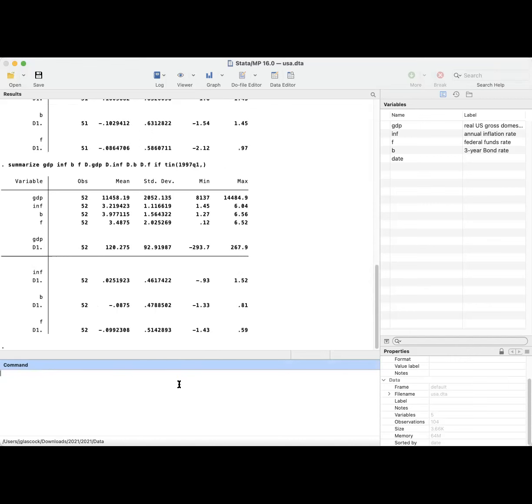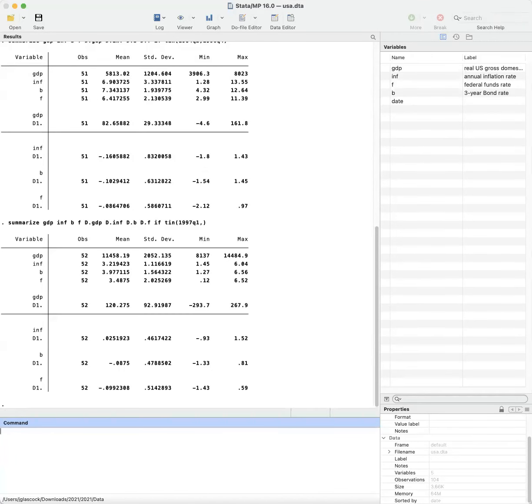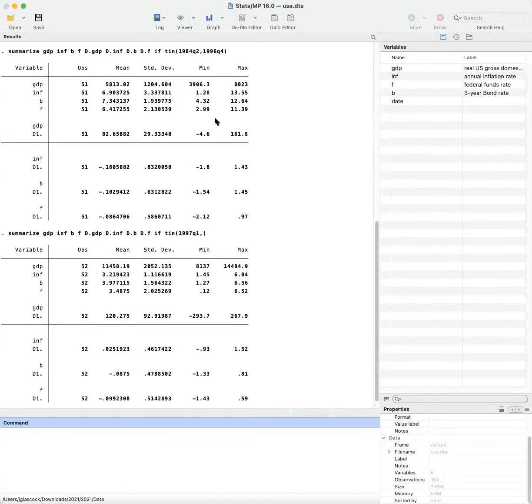So if you press enter, you will see the first part is the descriptive statistics up to the last quarter of 1996. Then starting from the first quarter of 1997, we have this descriptive statistics. So those are the numbers on my PowerPoint slide. You can make some comparison. There might be a little bit of difference. It's just rounding error.